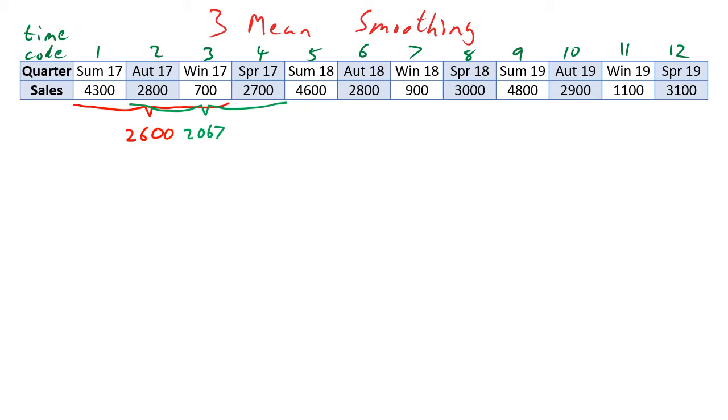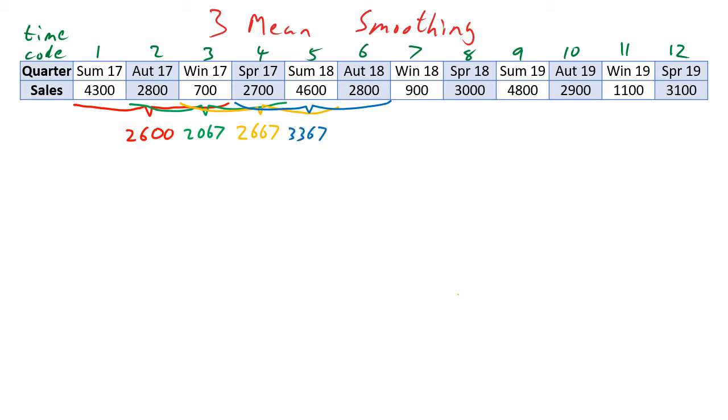Again, we take that 3 and move across one, so now we're doing the average of 3, 4, and 5, which should get me 2,667. Then we go for another 3, centered on 5, so it's 4, 5, and 6, and you should get 3,367.